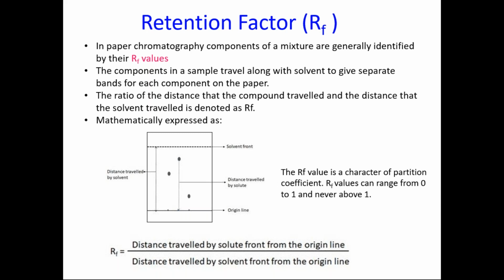This characterization of a number called the retention factor is very important because the analytes are identified or they are actually named by their retention factor, or what is simply termed as the RF value. The components in the sample, as you will see, will travel along with the mobile phase of the solvent to separate into bands for each component.